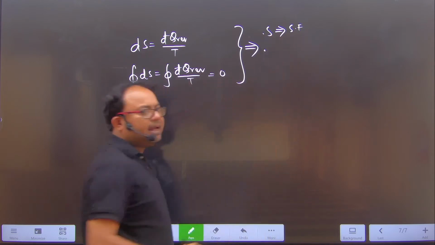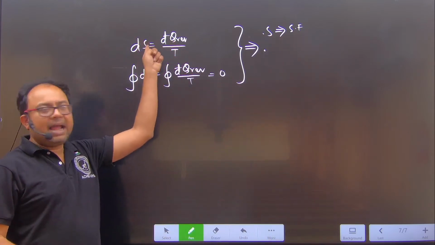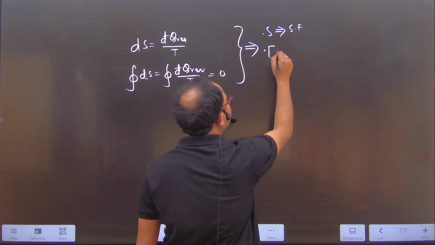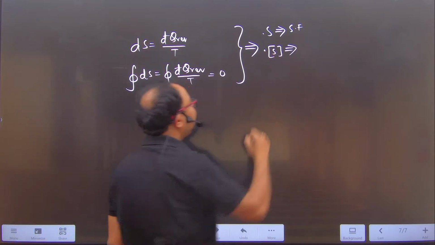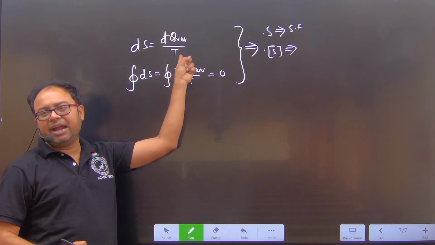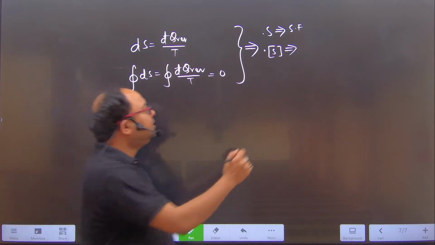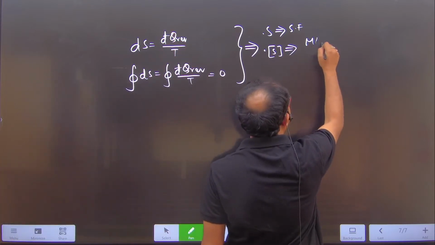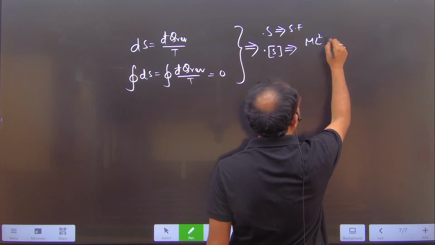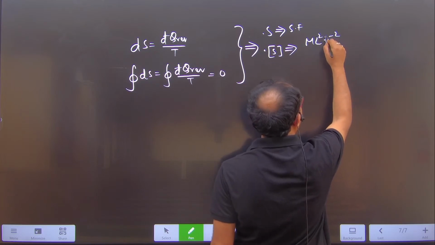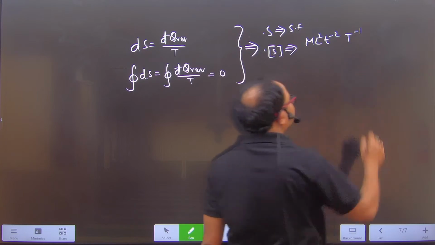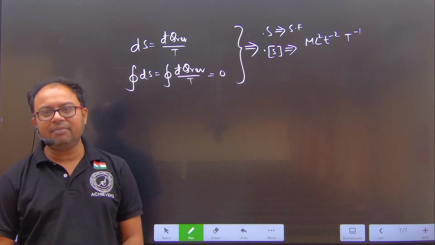Next, one can say that the dimension of S is basically energy divided by temperature. Energy is M L squared t to the power minus 2, and temperature inverse. Small t is time, capital T is temperature.